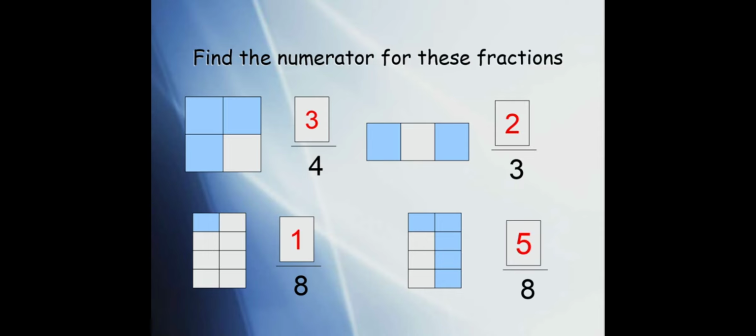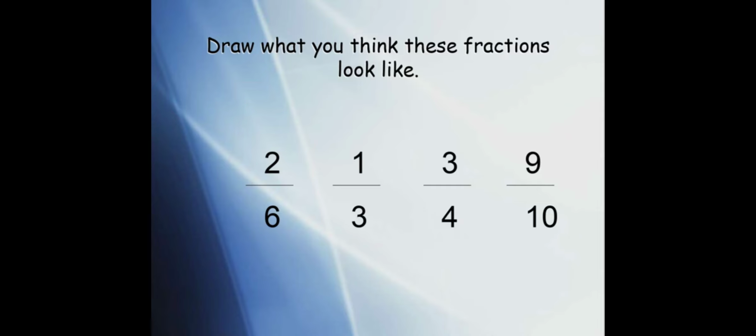So 3 by 4, because it is divided into 4 equal parts and 3 are shaded. Again 2 are shaded out of 3, so 2 by 3. Then 1 is shaded out of 8, so 1 by 8, and then 5 is shaded out of 8, so it is 5 by 8. So this is how the numerator works.